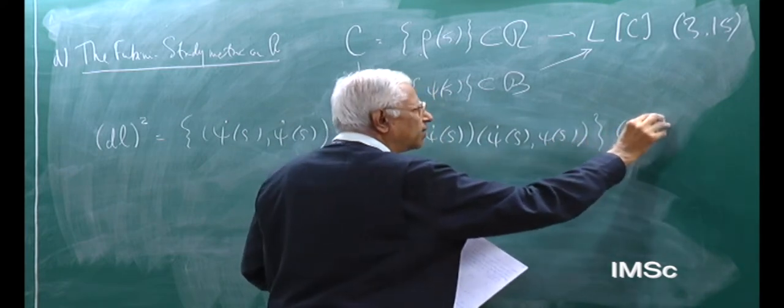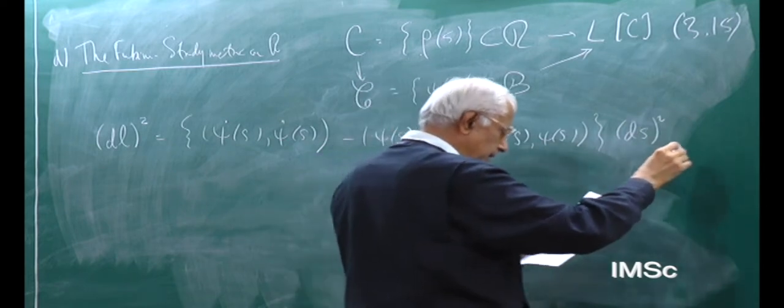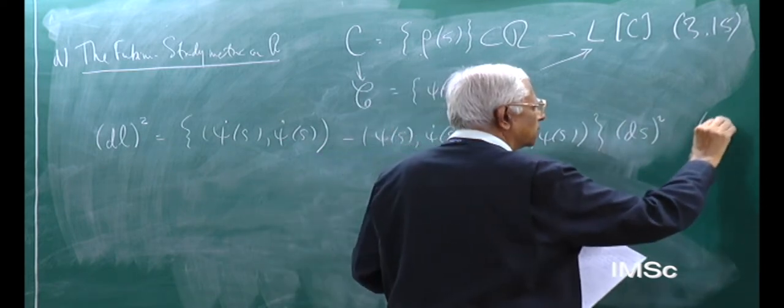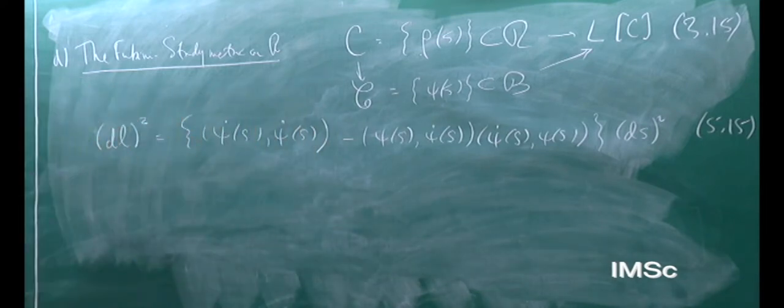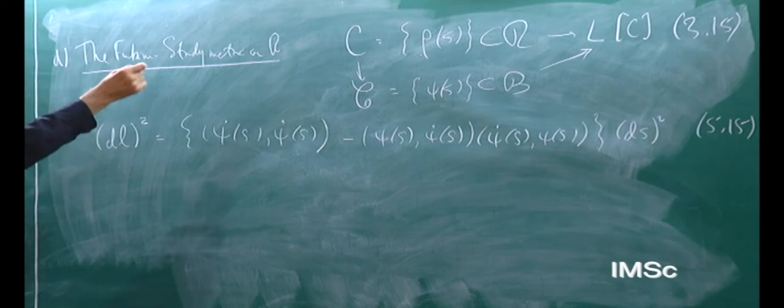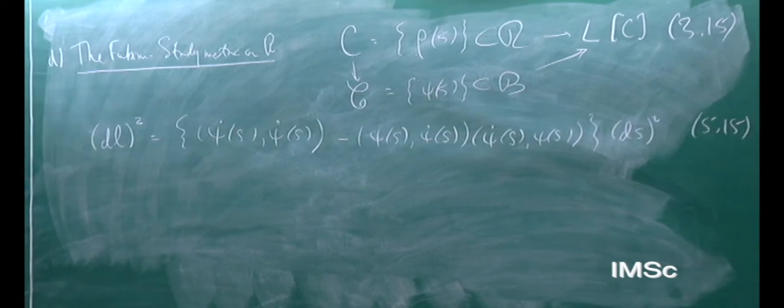Sorry, this is the element of the length squared. This I give the equation number 5.15. So by integrating dl along the curve, we were able to produce the length functional.